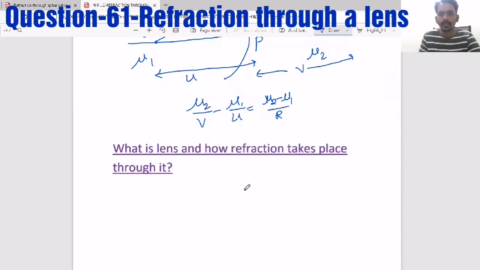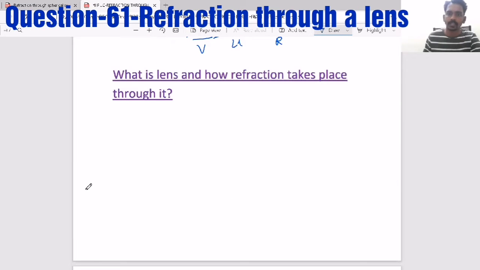Now using the same formula, you can understand how refraction takes place through a lens. A lens is a device for image formation or for magnifying an image. There are two types of lens.